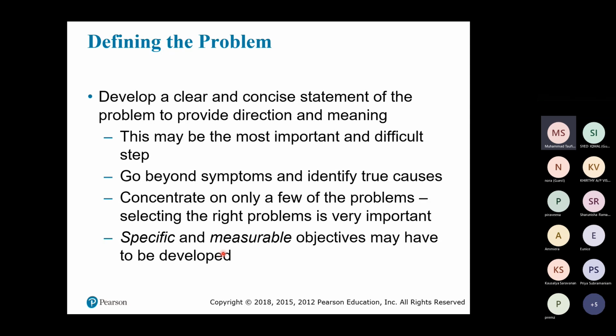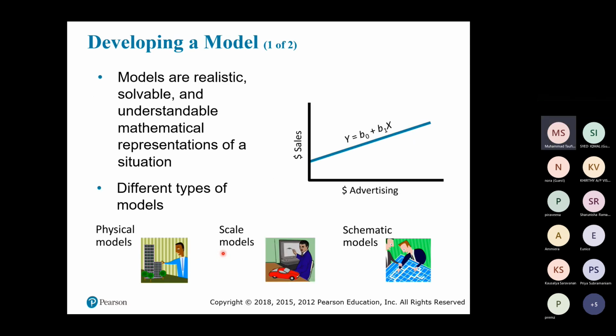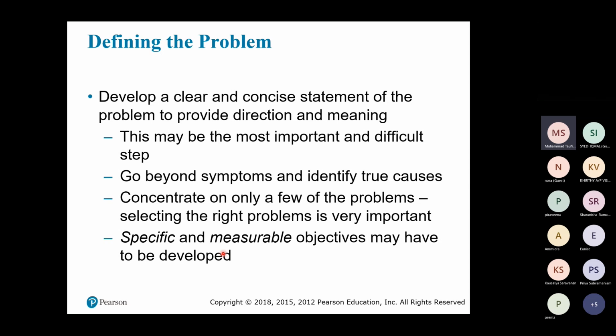So that is the use of the objective here: use the objective to measure your solution, whether your solution is good enough, or it is not giving enough impact to solve the problem. So you can develop the objective to help you assess your solution. All right, that is the first part, where you want to know about the problem.